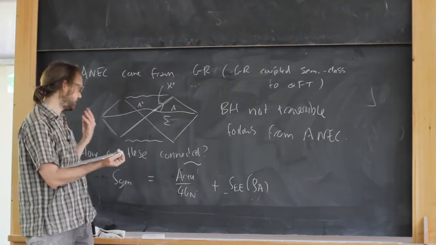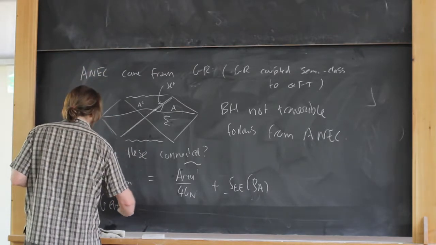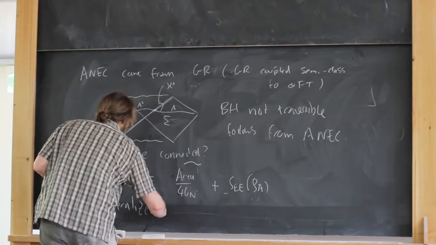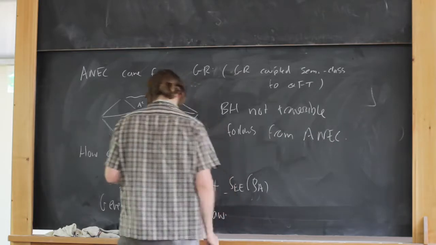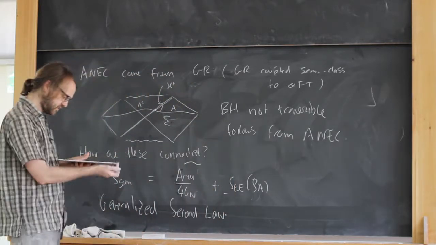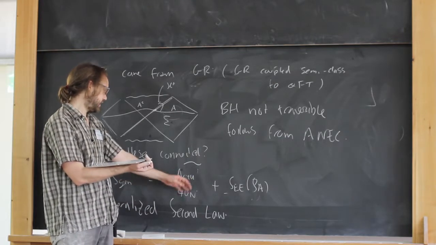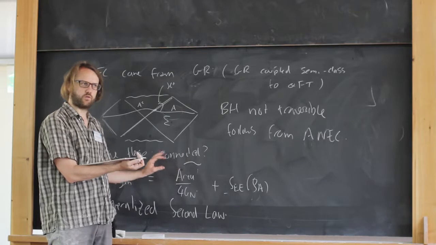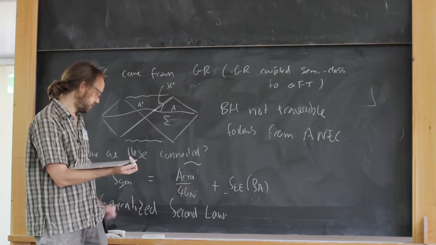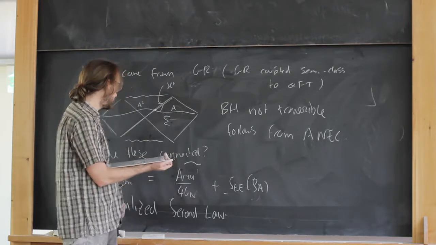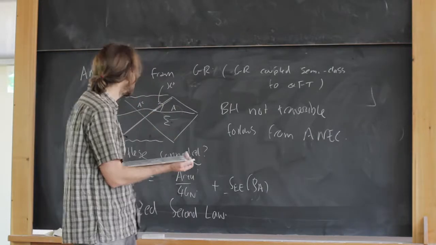The motivation for this comes from something called the generalized second law. If you just look at classical gravitational physics, you can prove that the area of a black hole, under some reasonable assumptions, is always increasing. So this looks like a second law, the second law of black hole thermodynamics.